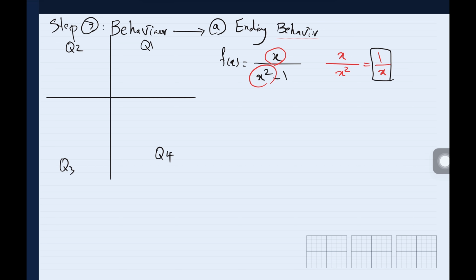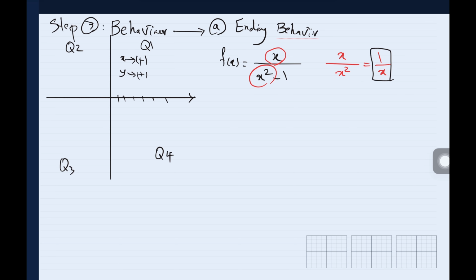So I know in Q1, x is all positive numbers, and y is also any positive numbers.